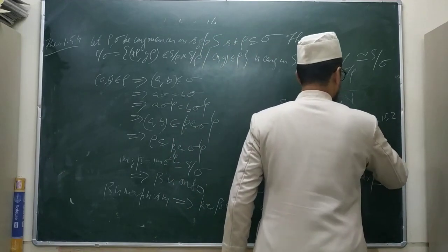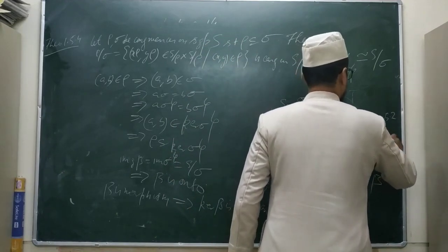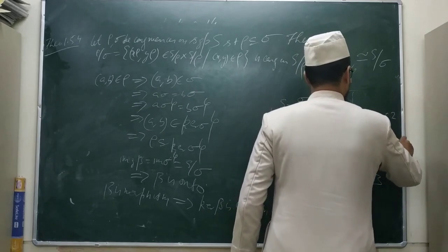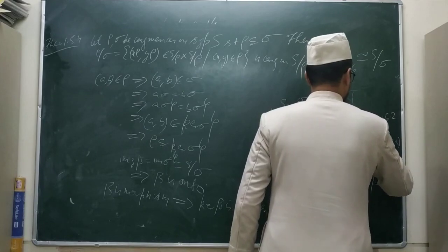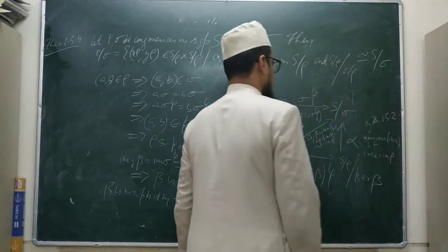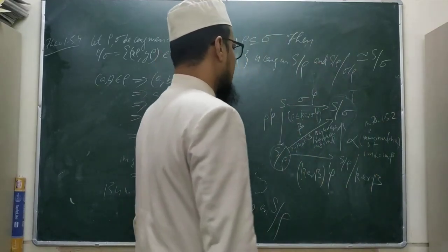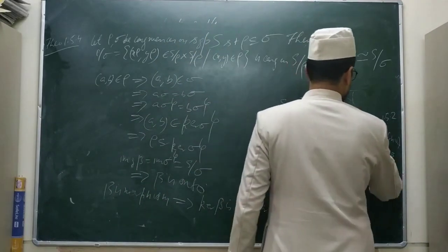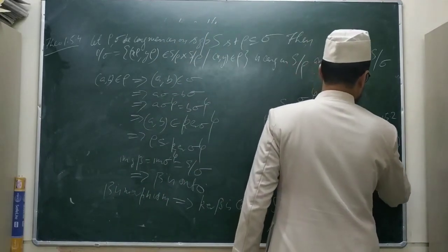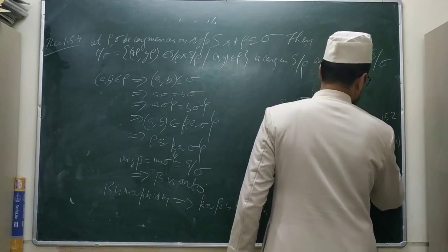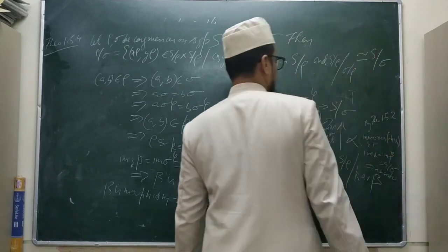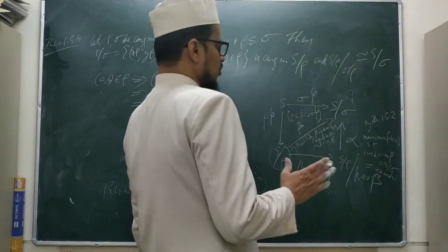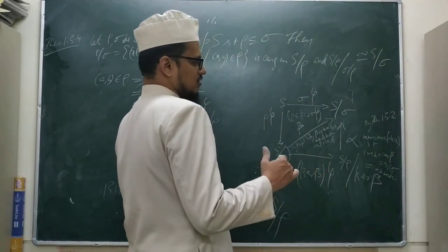This alpha will be a monomorphism such that image alpha is equal to image beta. What is image beta? Image beta is S by sigma. It implies that alpha is onto also. So alpha is mono, alpha is a morphism, alpha is also onto.